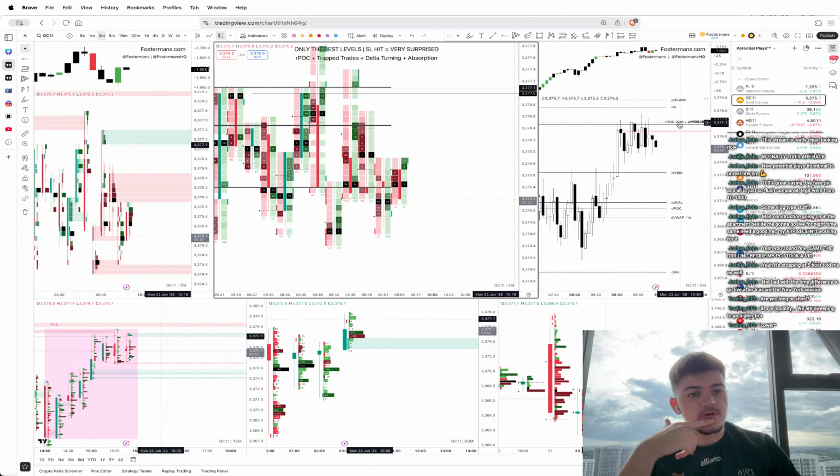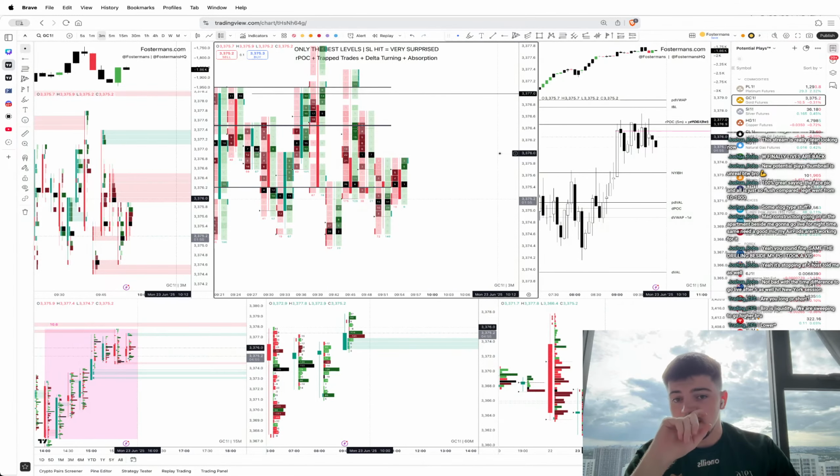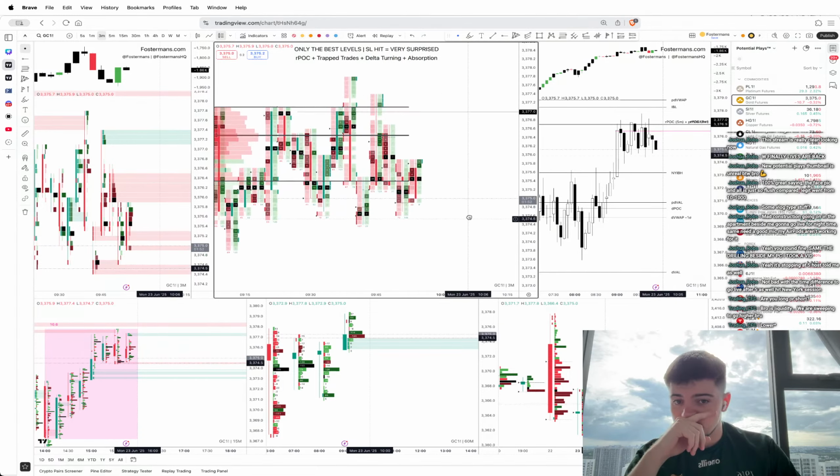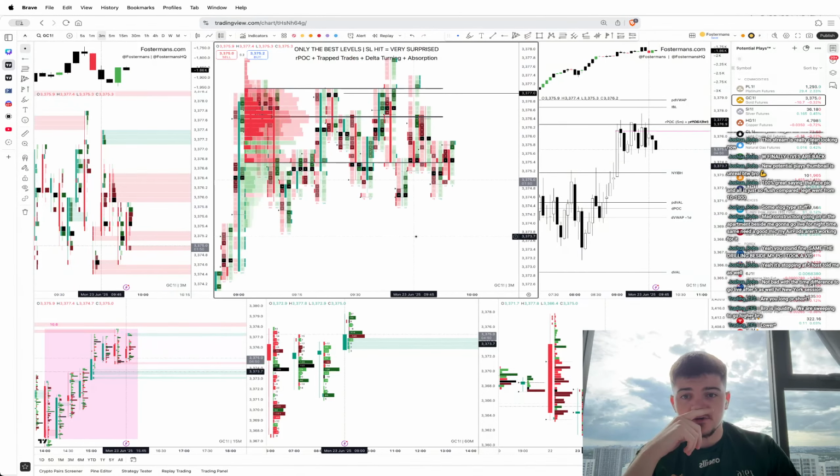So again, we've hit this level, this potential play. Just waiting on some form of break outside of this value area.